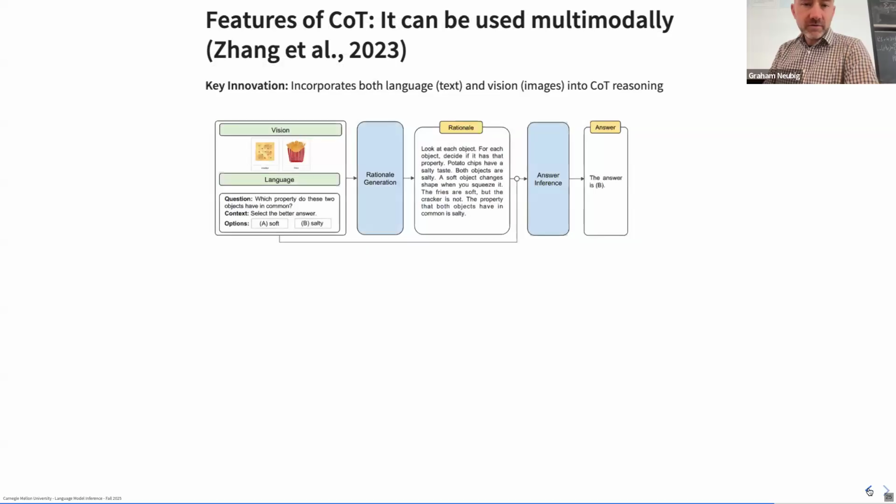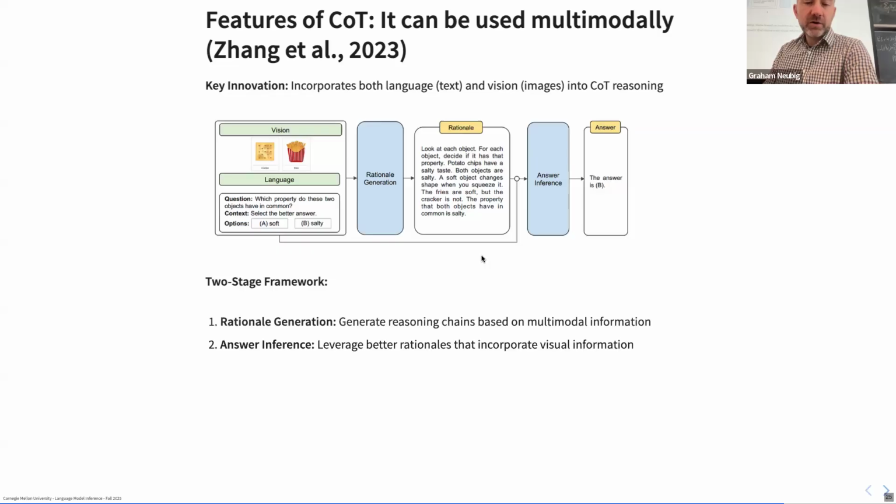I definitely want to leave time for our student presentations also. Another thing is chain of thought can be used multimodally as well. The early attempts to do chain of thought multimodally were basically that you take a vision input and a language input, and then it comes up with a rationale and predicts the output, and the results are much better.